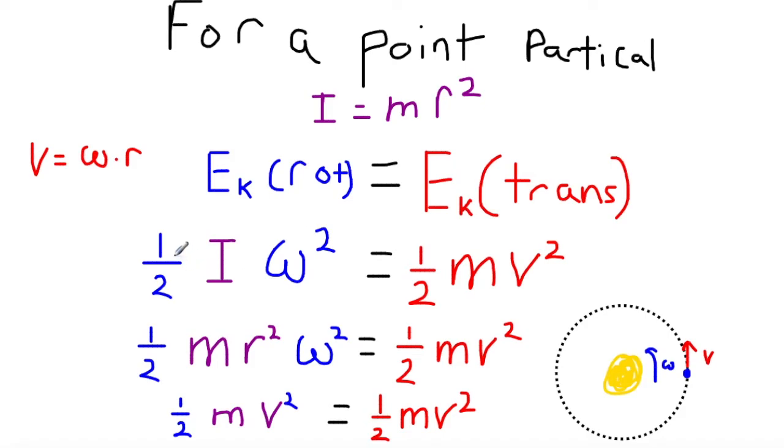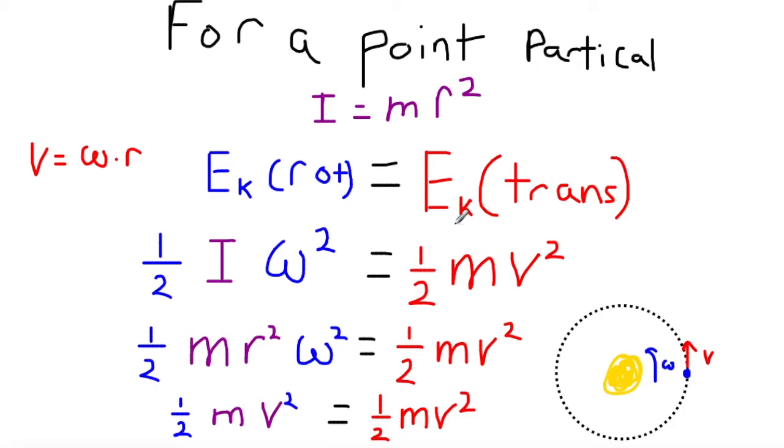Our equation for rotational kinetic energy is 1/2 I omega squared, and our moment of inertia for a point particle is m r squared. So we can plug that in here. We get 1/2 m r squared times omega squared. We know that tangential velocity is omega times r, so omega squared times r squared gives us v squared. So rotational kinetic energy equals 1/2 m v squared.